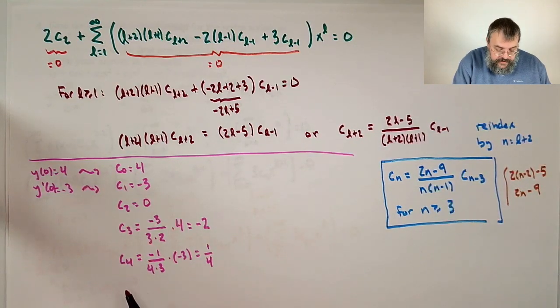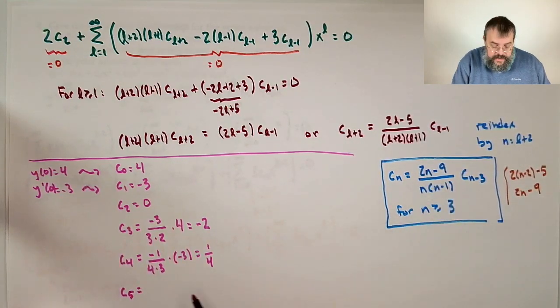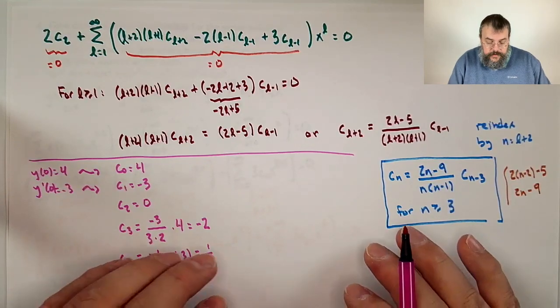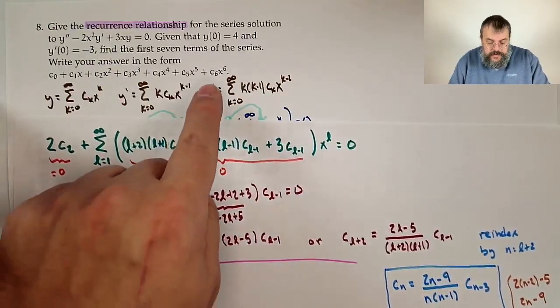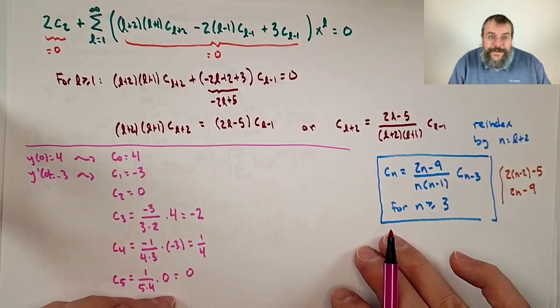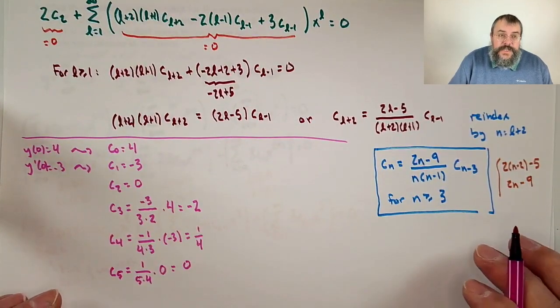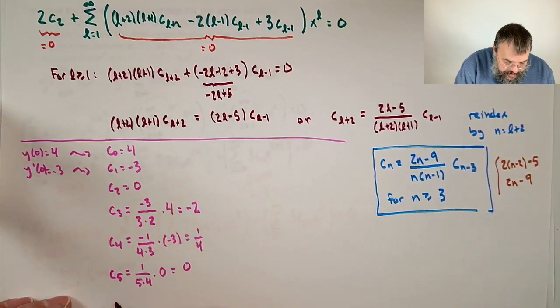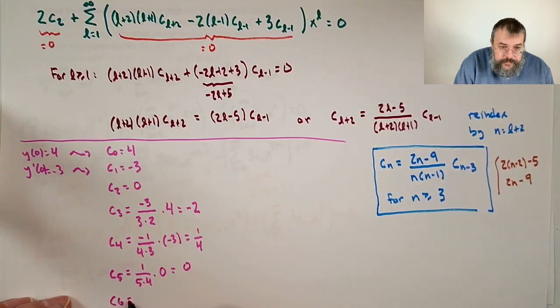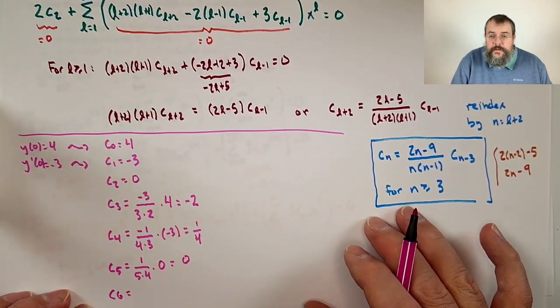All right, what about C5? Well, 10 minus 9 is 1, over 5 times 4 times C2, which is 0, which makes that 0. And remember, we need to get up to C6, so we're almost there. I think we have just enough space to squeeze it in. C6, all right, is what?